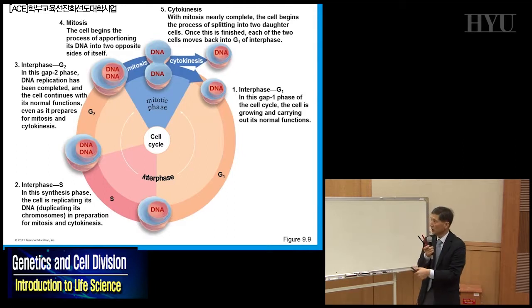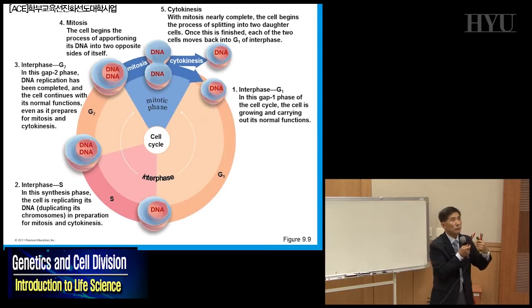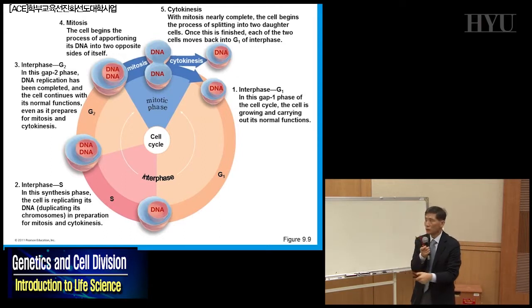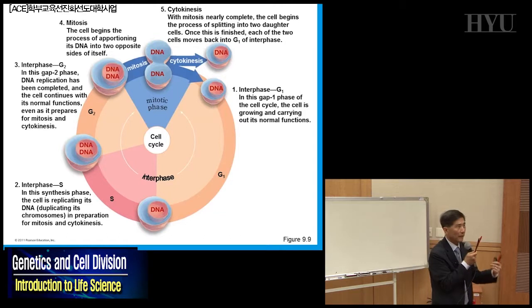The next step is the cell decides to divide again, and what do you have to do? You have to replicate DNA. It's called S phase. During this phase, they replicate DNA. And then they stop again, which is G2, and then they go through mitosis, the M phase.